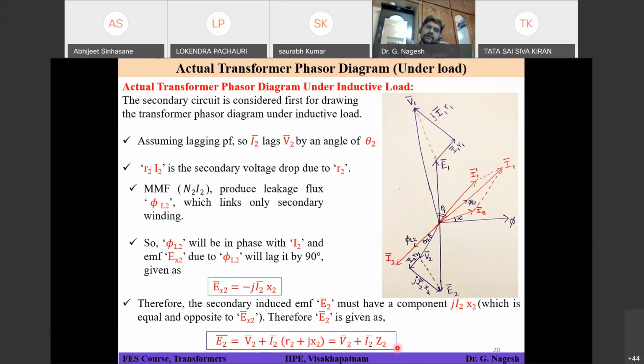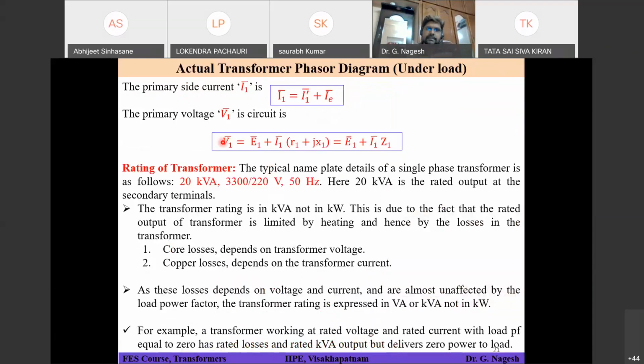You should write it for V1, because V1 is the source coming from the extreme left. After that, you have resistance and reactance drop. After that, you are going to get E1. E1 is the voltage across the primary winding. So that's what we have written in the previous slide. V1 is equal to E1 plus I1 into R1 plus j into X1.